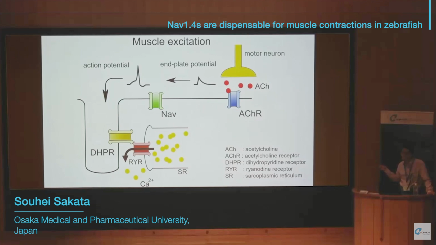So in the knockout fish, the motor neuron can still fire action potentials, of course, because it's a different type of sodium channel. It's the muscle that does not. Nav1.4 is muscle specific. Okay, I got it. All right, great. Thank you.